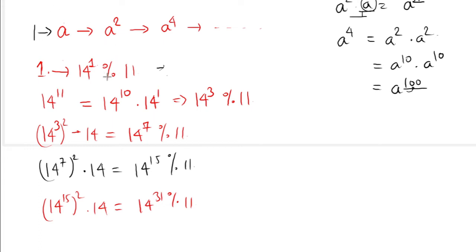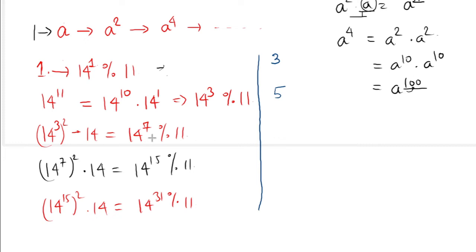14 mod of 11 is 3. 14 cube mod of 11 is basically saying 14 times 14 square. So 14 square can be written as 14 mod 11, which is 3. 3 cube, basically 3 cube mod 11, which is 5.